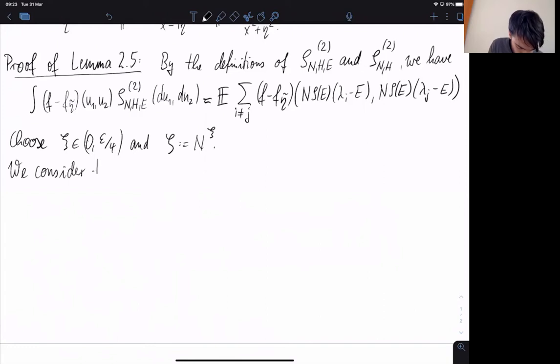So that's actually an event that occurs with high probability, as we will see later.